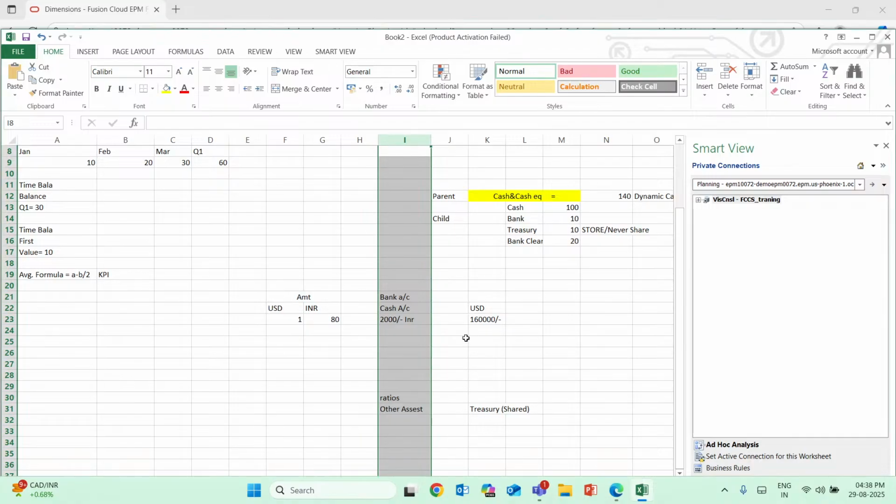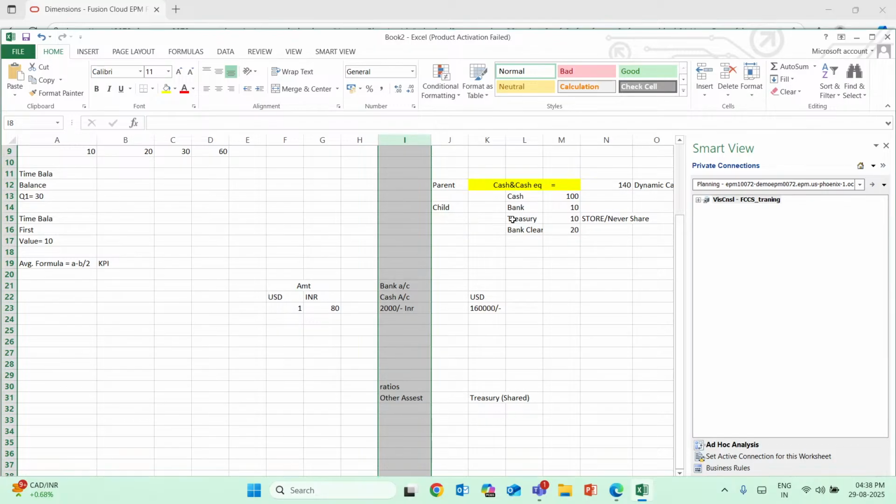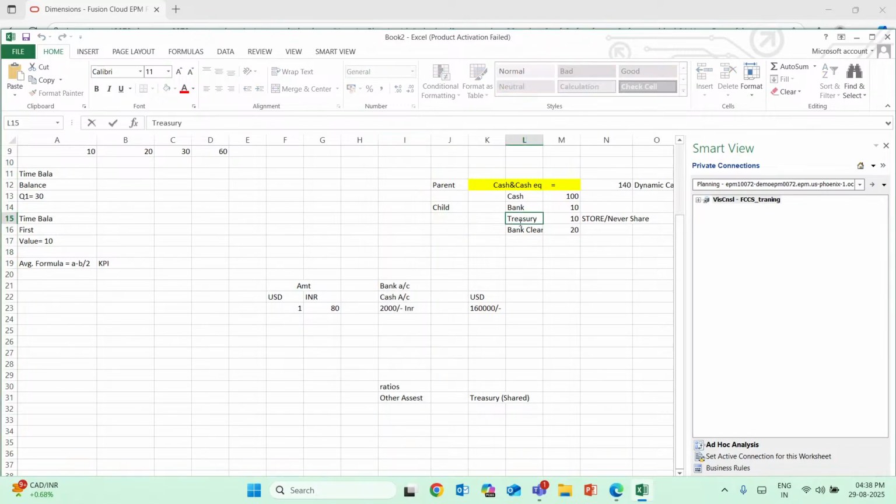First of all, think of it this way: as we have taken treasury over here and again we are taking treasury over here, any account or any member which we have already taken once and then we are repeating again in any of the hierarchy becomes a shared member.